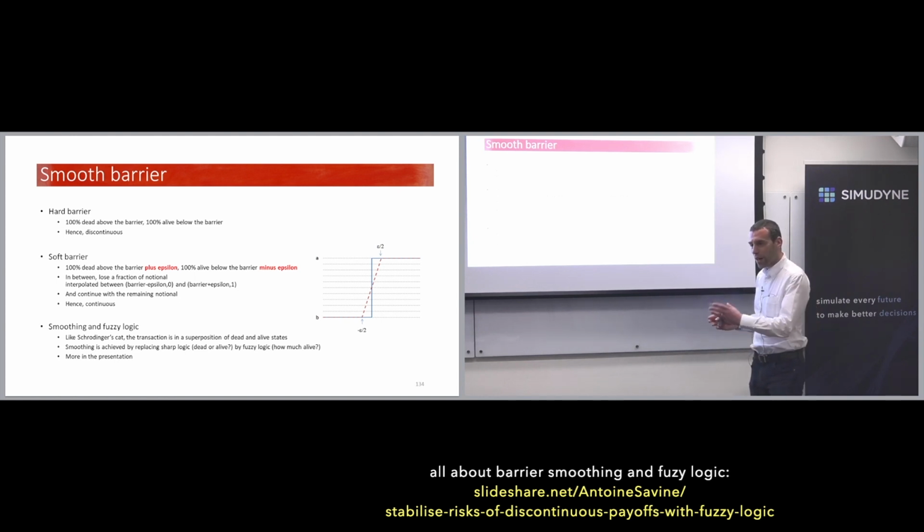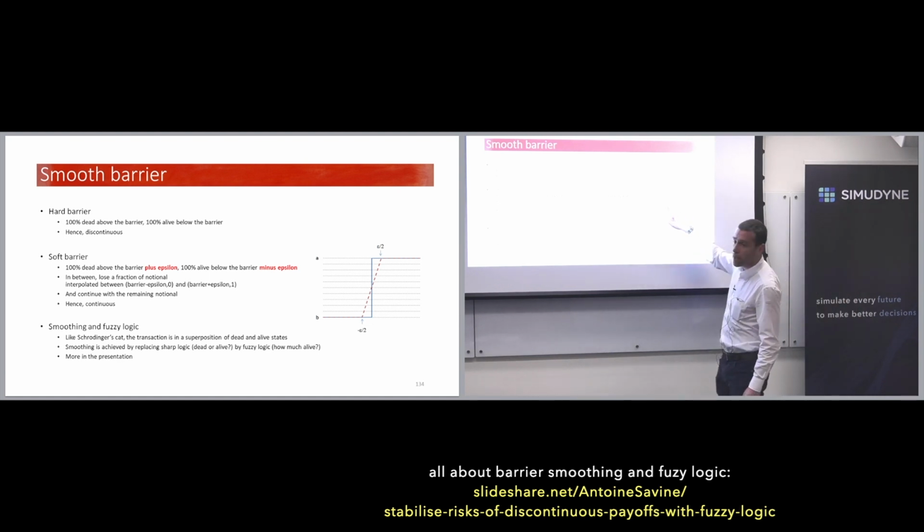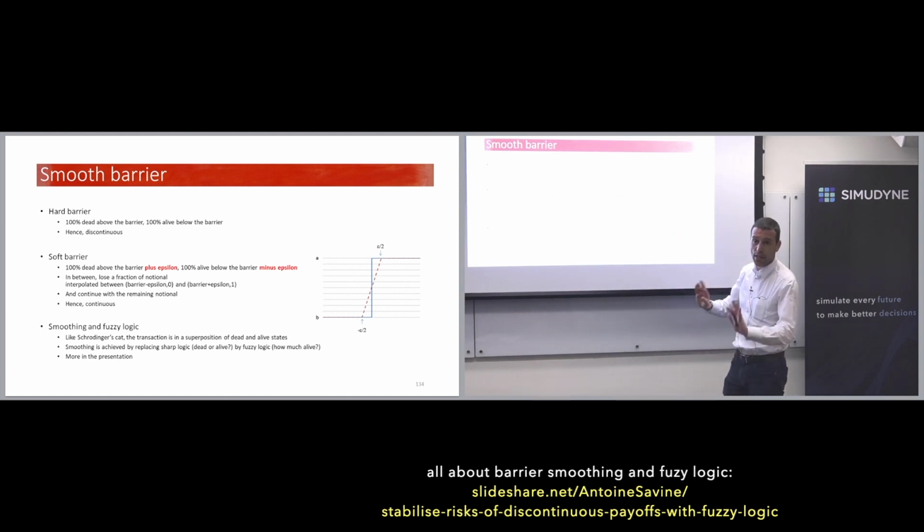It means that a part of the notional is dead and a part of the notional remains alive. So for instance, if I fix in the middle, I will say that I knock out 50% of the remaining notional and I continue the simulation with 50% remaining. If I fix above the barrier plus epsilon over 2, I'm most definitely dead. I'm done. If I fix below the barrier minus epsilon over 2, I'm most definitely alive, and I continue.